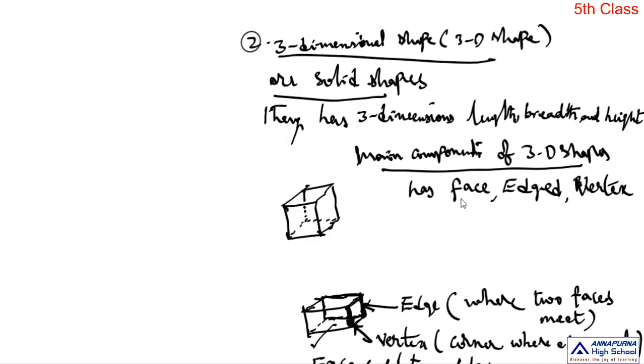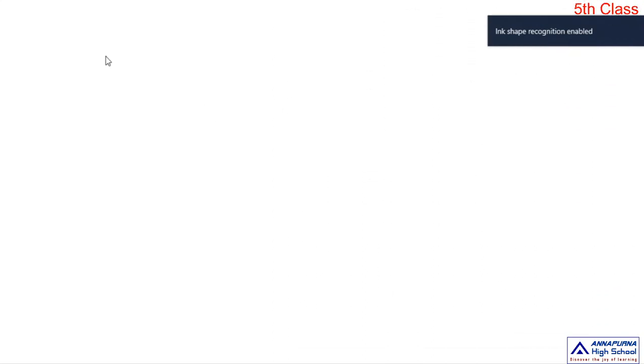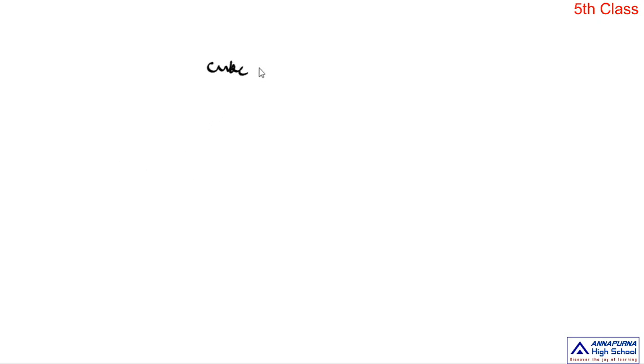Main components of 3D shapes are face, edge, and vertex. Now let me explain how many edges, how many faces, and how many vertices are there in 3D shapes. So let me draw the cube and cuboid.